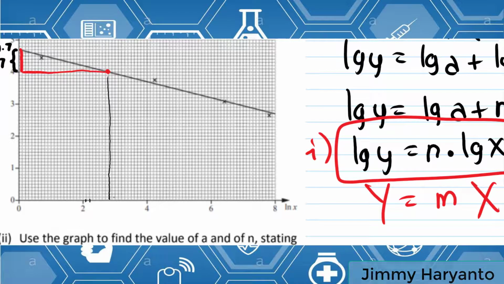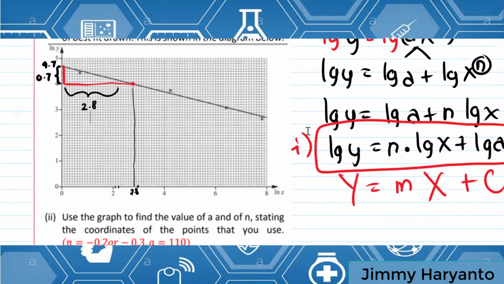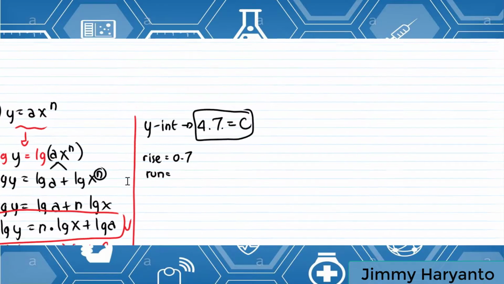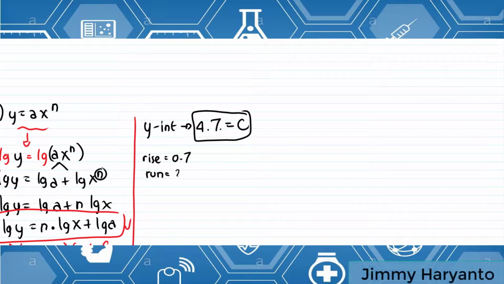This is 20 boxes. 3 is right here, 1, 2, 3, 4, 5, 6, 7, 8, 9, 10. So this is 2.8. I mean the run is 2.8.